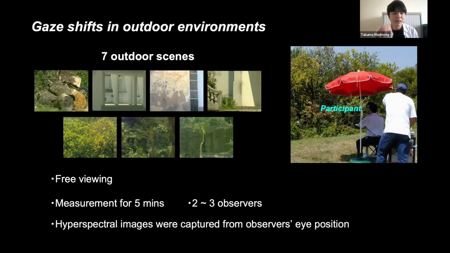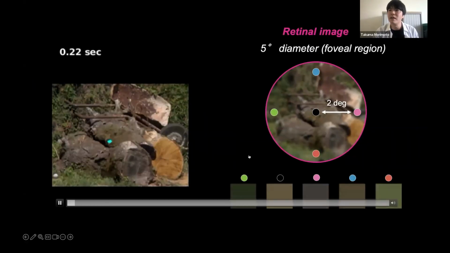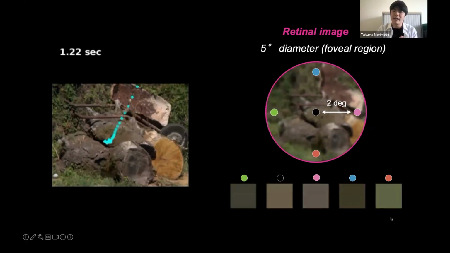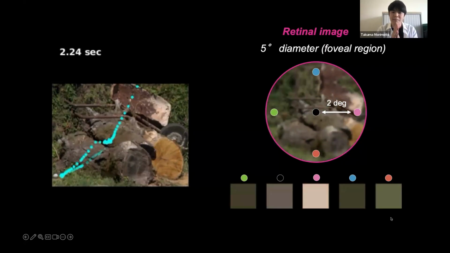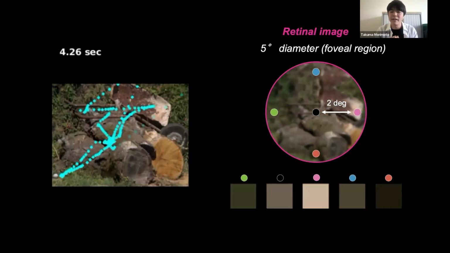So we have, from the observer's point of view, eye gaze data and also hyperspectral images, which allows us to reconstruct the retinal image during the 5 minutes of measurements for each observer separately.